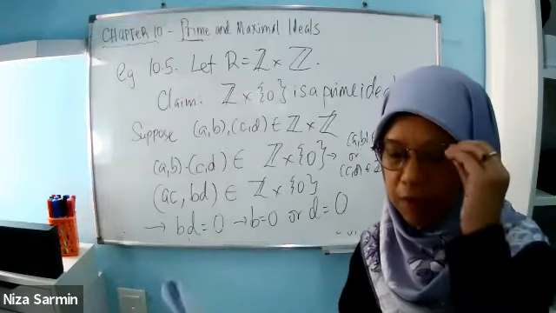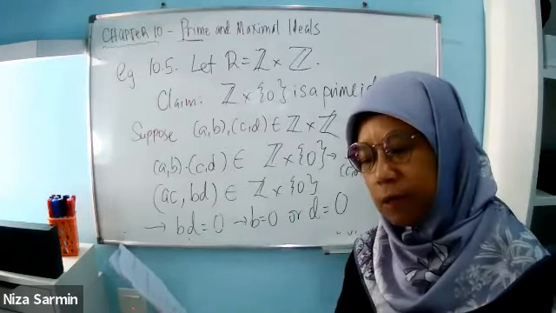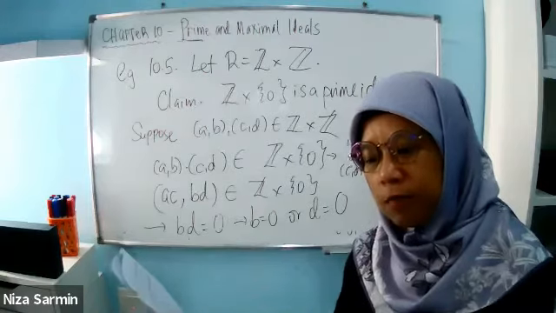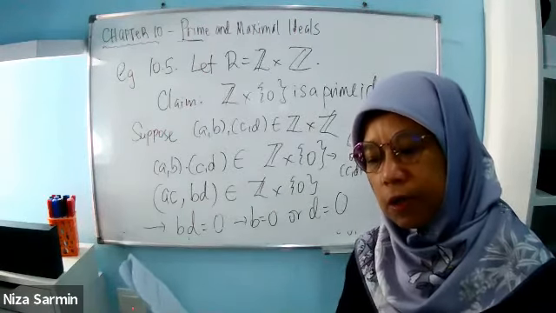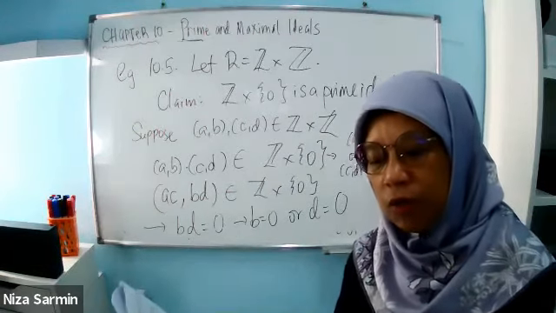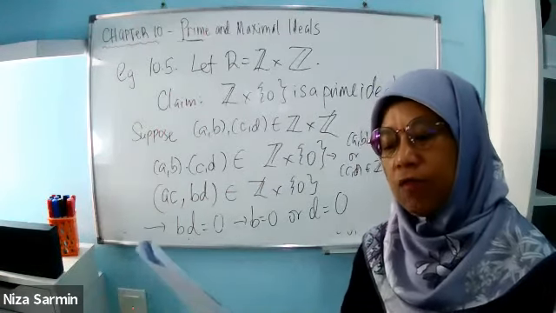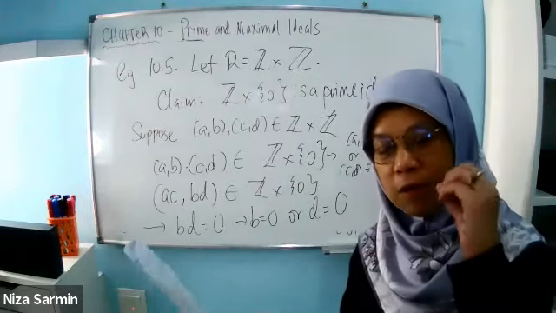The rest, prime fields, is just about a field with no proper subfields. You can read through prime fields. A field is called a prime field if it has no proper subfield, nothing proper in between.